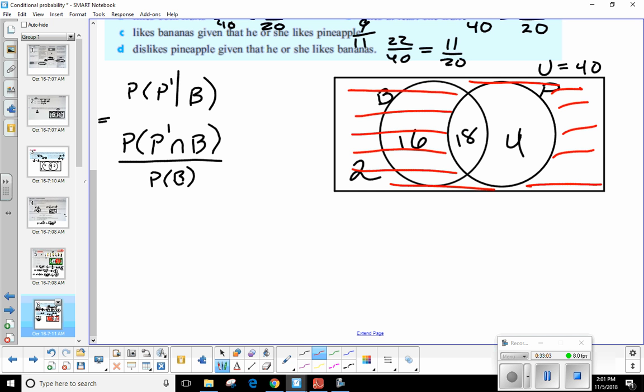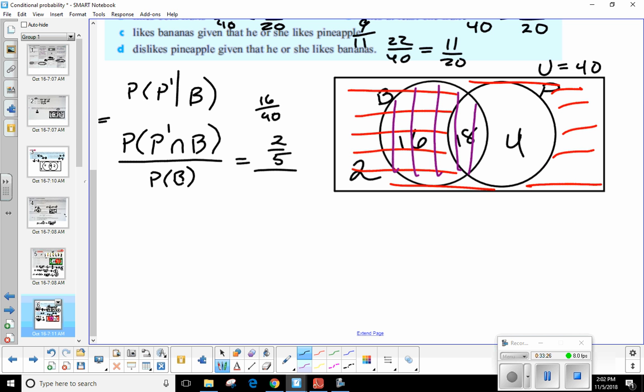Then we're intersecting that with the bananas, and we're only looking for that crescent section. So that would be 16/40ths, which would be 2/5.